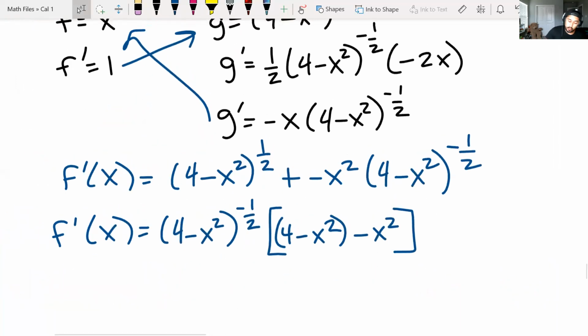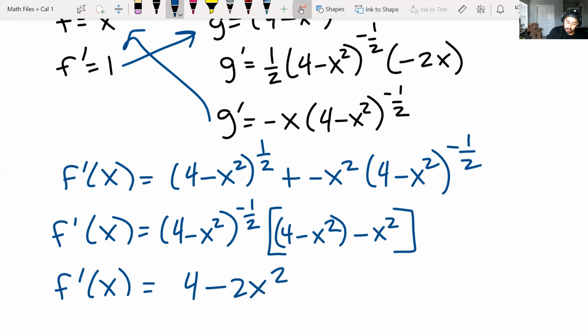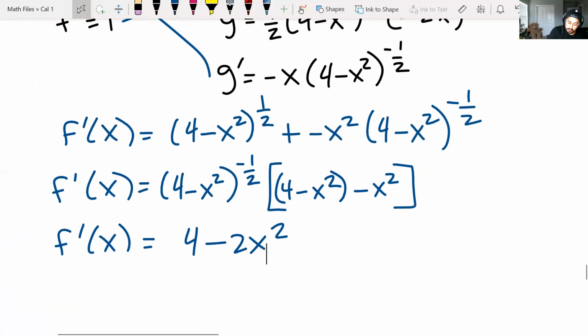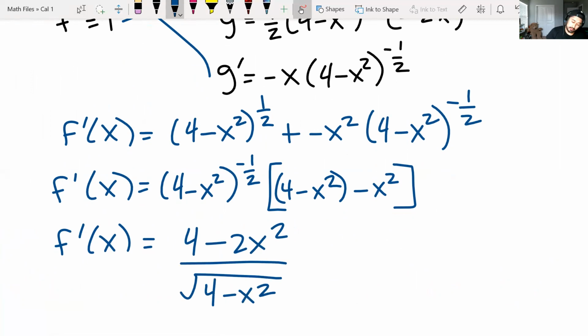Okay, now one more chance to make it pretty. F prime of x equal to, in the numerator, I'm left with 4 minus 2x squared over the denominator of the square root of 4 minus x squared.